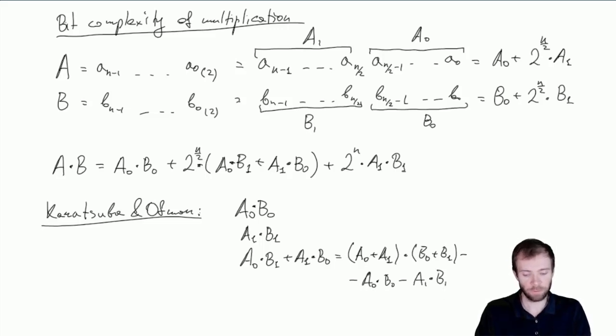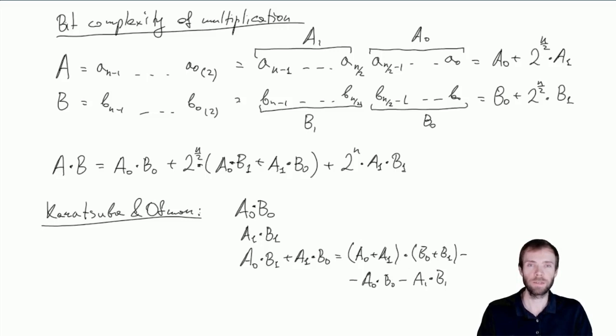So to compute all the ingredients of the formula, we need 1, 2, and 3 products. All the other things here are additions and subtractions, which we already know how to perform in linear time.